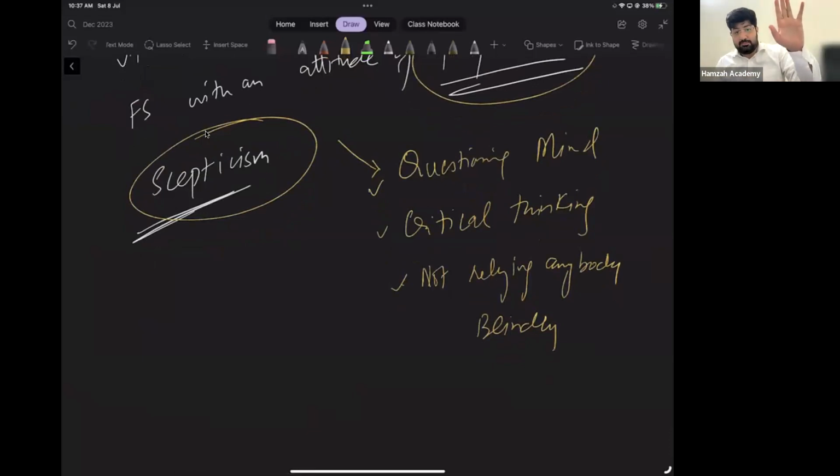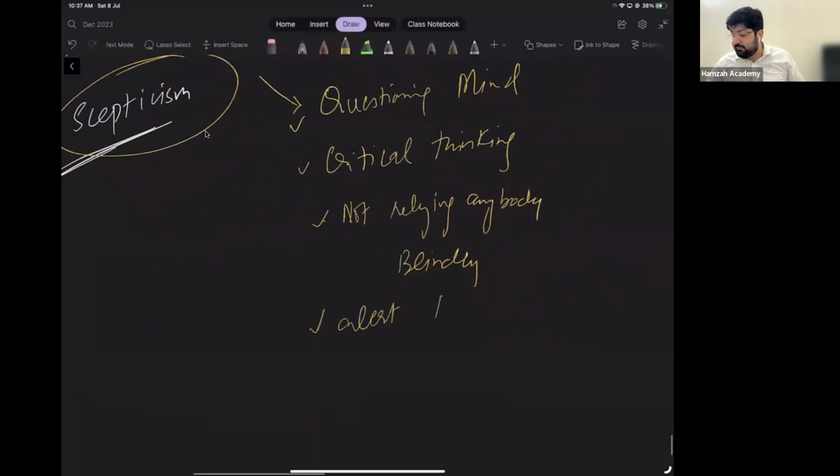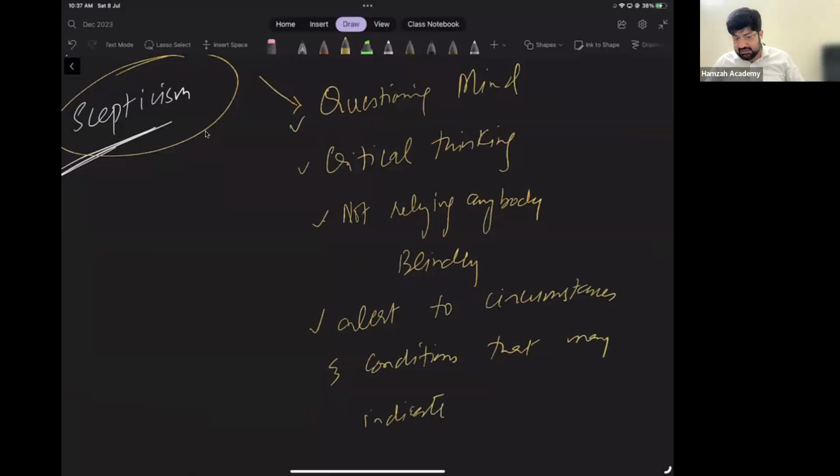No. But I will be alert to the circumstances and conditions that may indicate a material misstatement in financial statements. So I have to stay open.